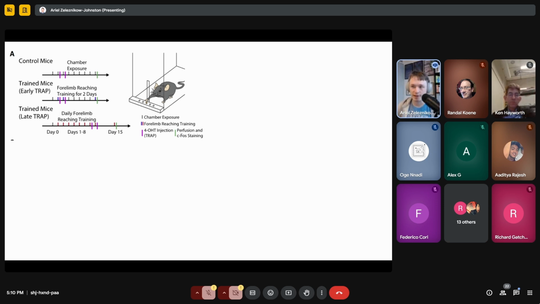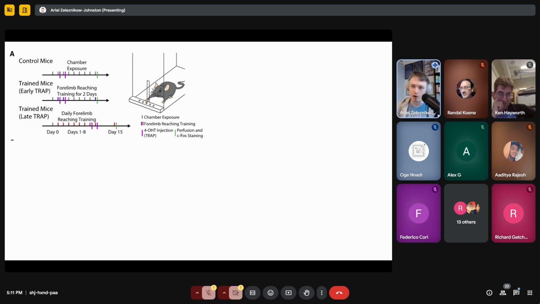That's as opposed to the late TRAP mice, which have training, and then have the TRAP performed on days 7 and 8 of their training, once they're already quite good, hopefully, at the reaching task. Then they wait a week, and on day 15 they have a final training session and CFOS labeling of those neurons that were active at the time.